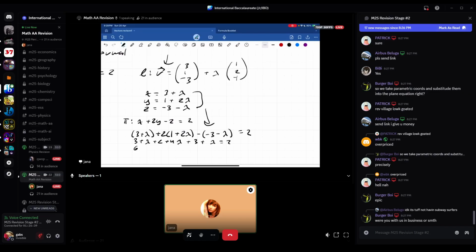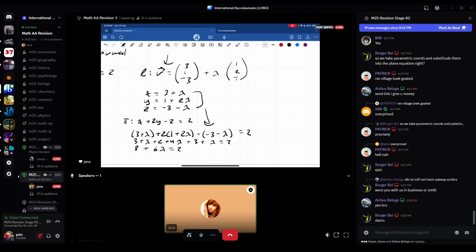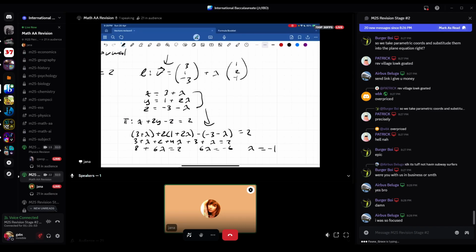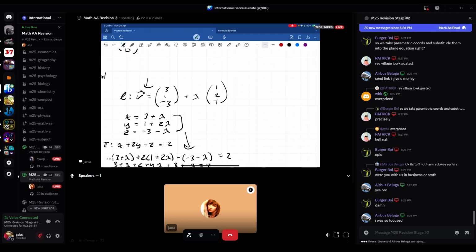So that's 8 plus 6 lambda equals 2. So then 6 lambda equals negative 6. Lambda is negative 1.